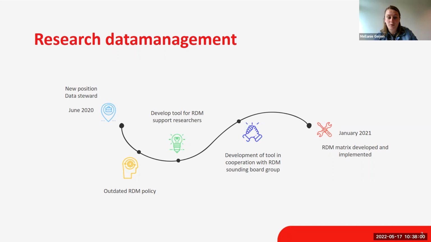So the first thing I needed to do was to update that policy and make it a complete policy. Therefore, we wanted to develop a tool for research data management to support researchers. So we didn't want a stiff, rigid policy document.